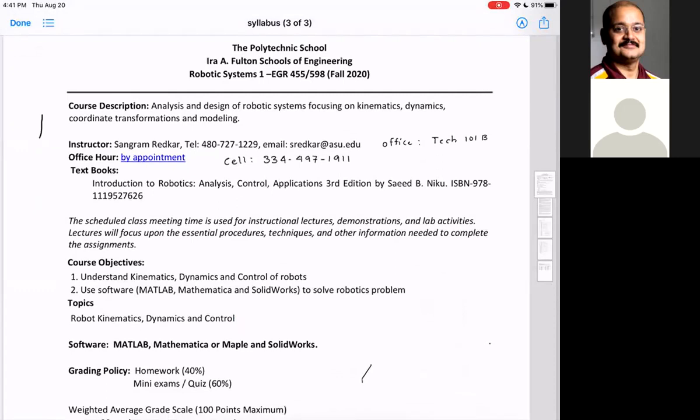If you have the second edition, that's totally okay, because the newer edition adds chapters based on screw theory and one more topic that we are not going to discuss. The topics that we will discuss in Robotics 1 are covered quite well in the previous edition.